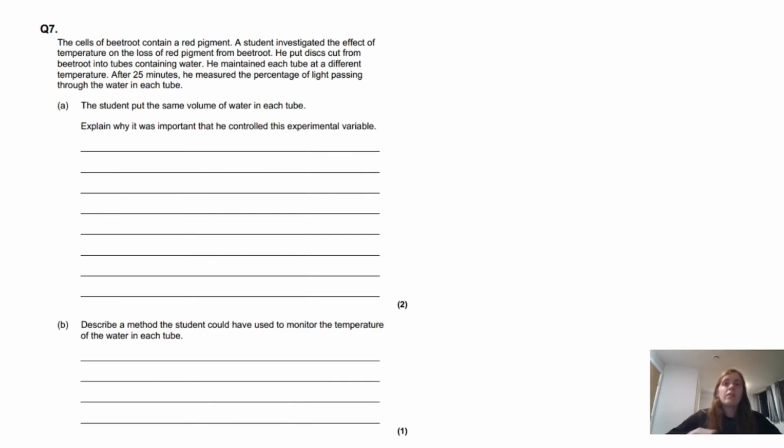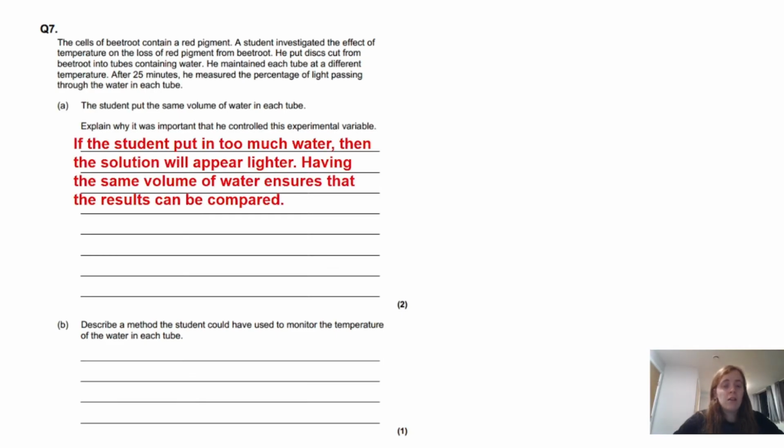At this point, you get these questions a lot: why this variable is there, why this one's not, why it's really important that this variable's there. So here's what I've put. If the volume of water was different, that would affect the concentration of pigment, because there's more or less water.